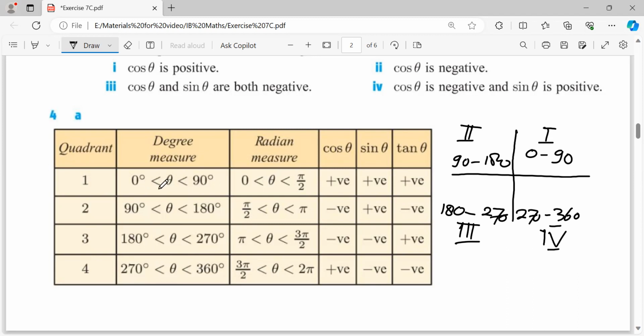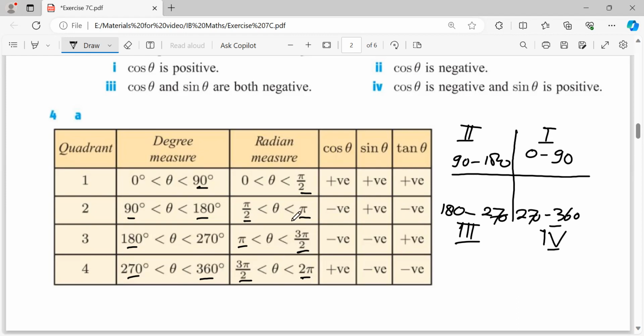If you convert degrees to radians, 90 becomes pi over 2, 180 becomes pi, 270 becomes 3 half pi, and 360 equals 2 pi.